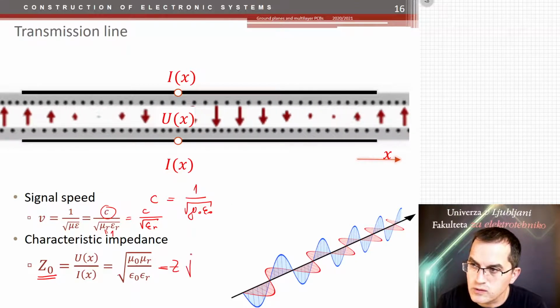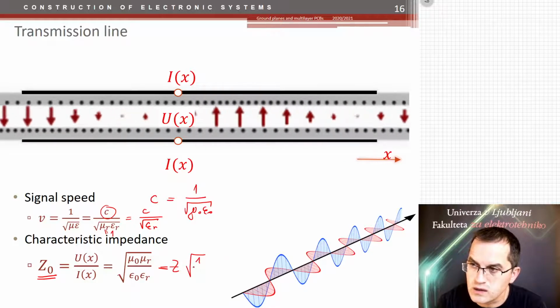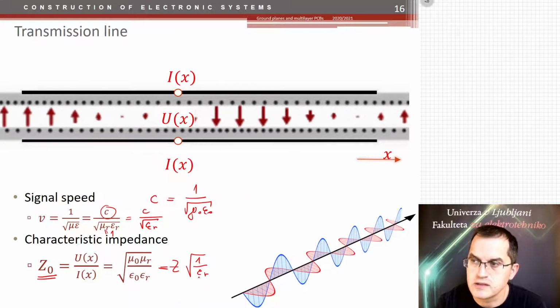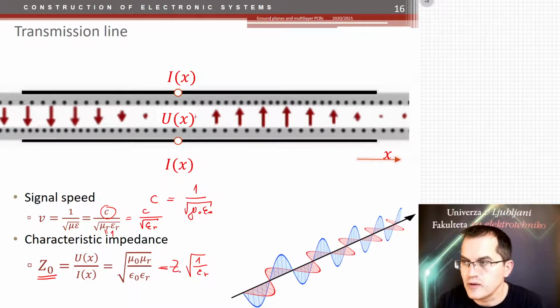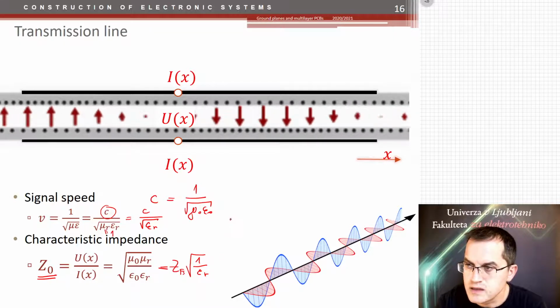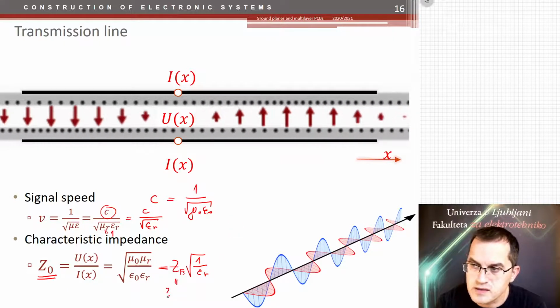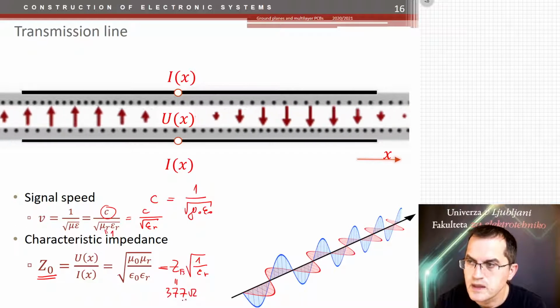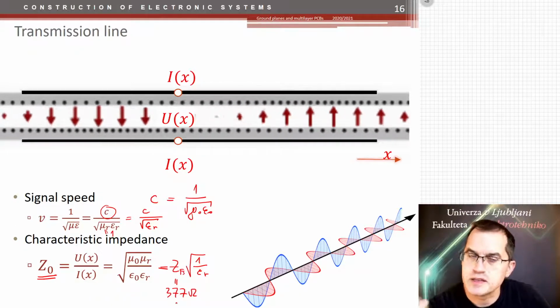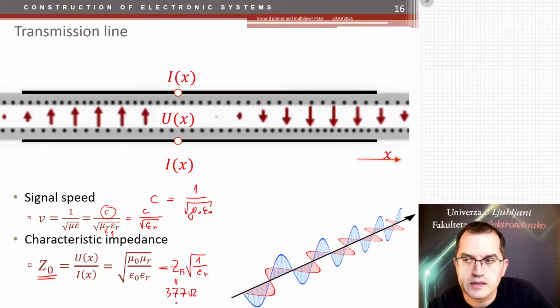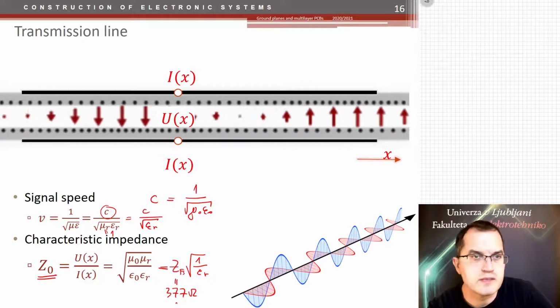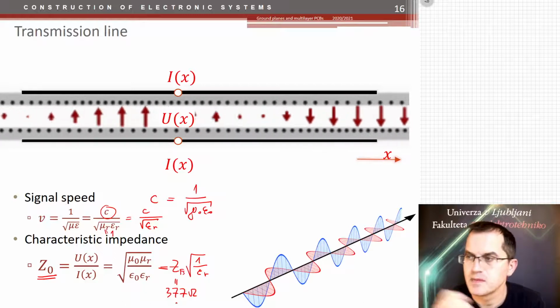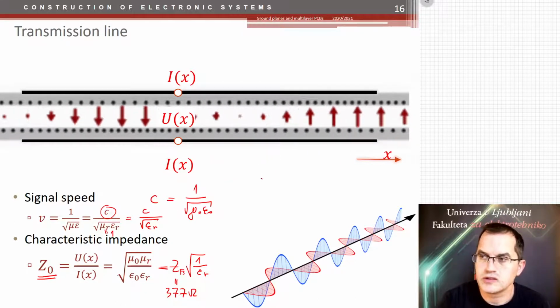Then we multiply by μ relative, which is 1. So what are we left with? Only epsilon relative. And this is the Z of free space, which is 377 ohm. This is the impedance of the electromagnetic wave in free space. It depends only on these basic constants. So again, there are two main properties: Z0, the characteristic impedance of my signal, and the speed of that signal.